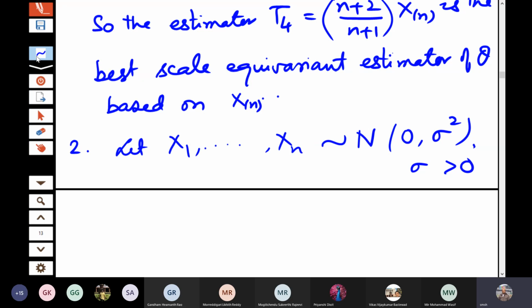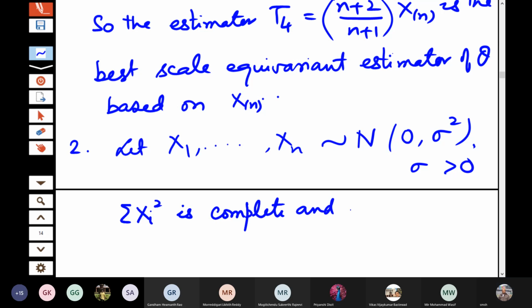Now this problem we have also discussed earlier. If I consider sigma Xi square, this is the complete and sufficient statistic here.